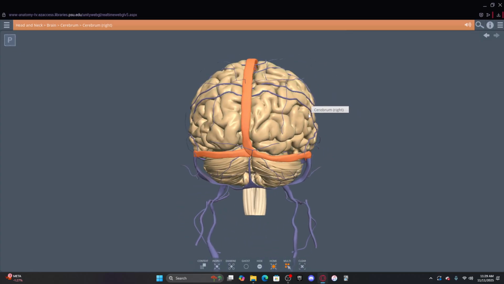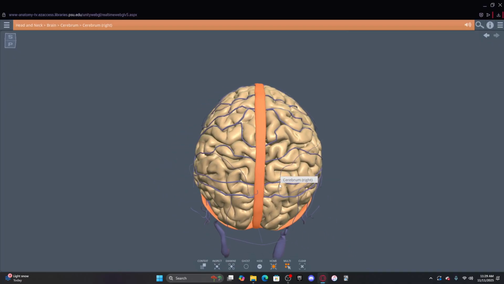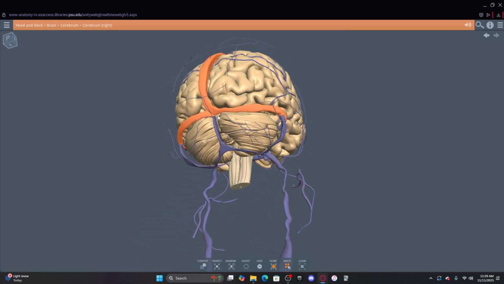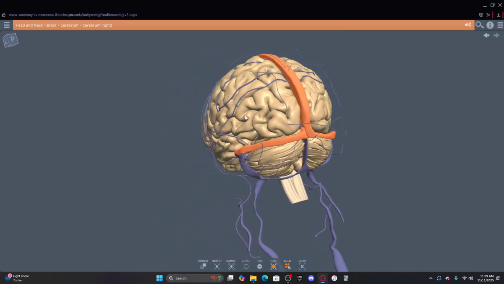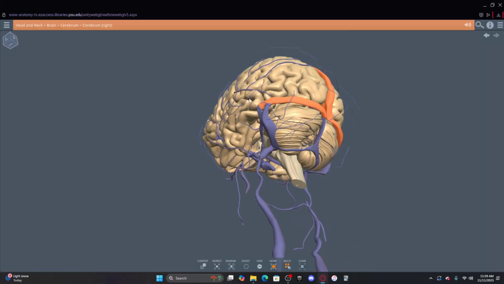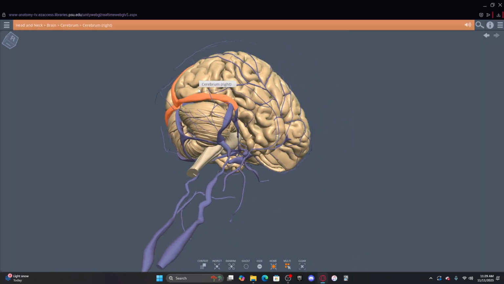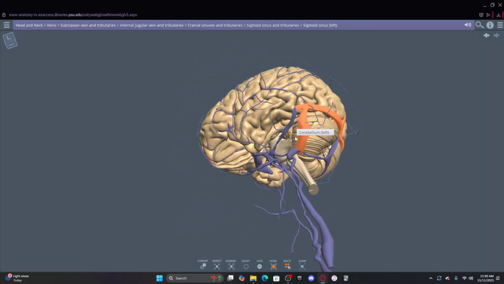So remember, we were talking about the superior sagittal sinus, which drains into the confluence of sinuses, and the confluence of sinuses drains into the right and the left transverse sinus. And then from our right and left transverse sinus, we go into the sigmoid sinus.